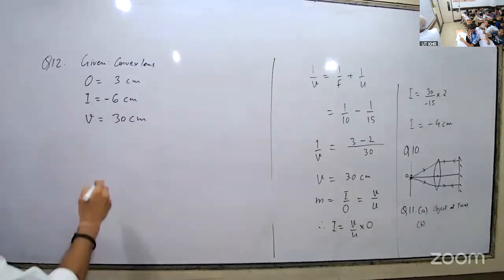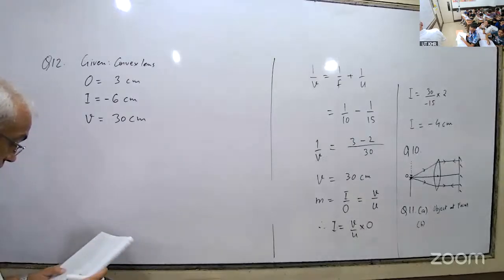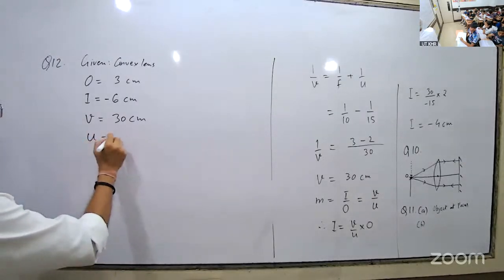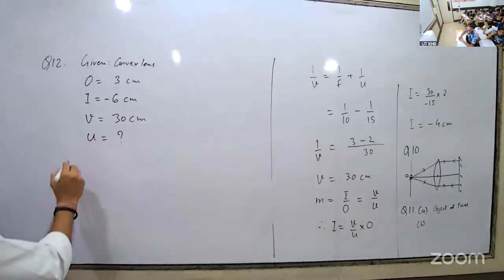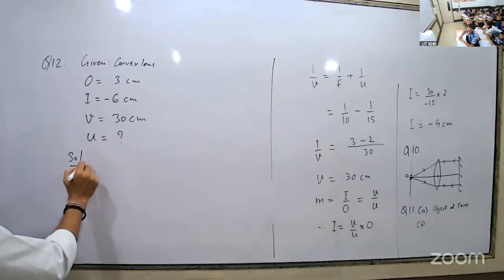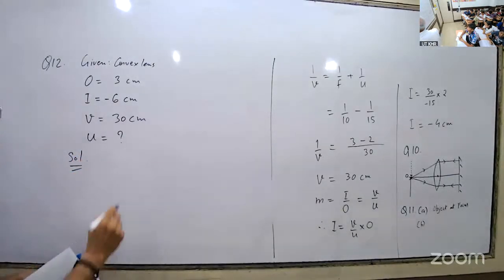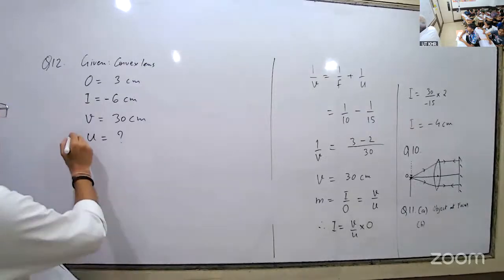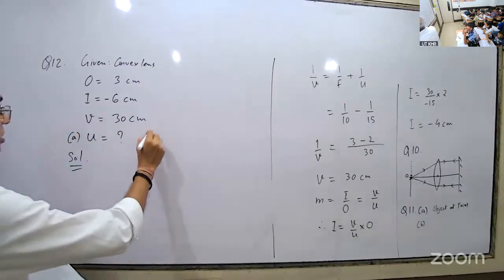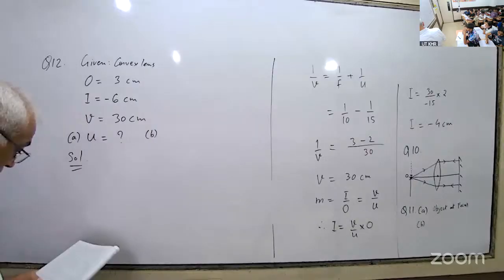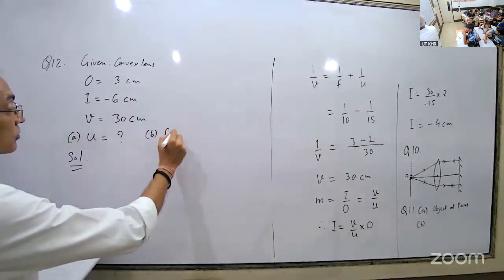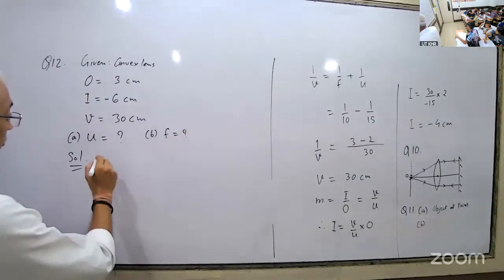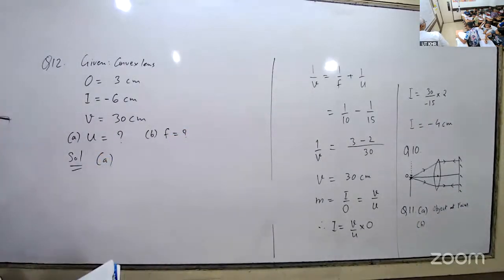So you have to find U equal to 4. In the first part, you have to find U. And in the second part, you have to find F. This you have to find. So very simple.